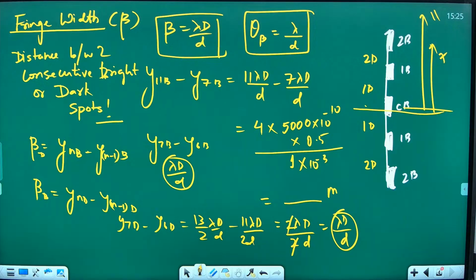Where will be the fourth minima if lambda is 4000 Angstrom?